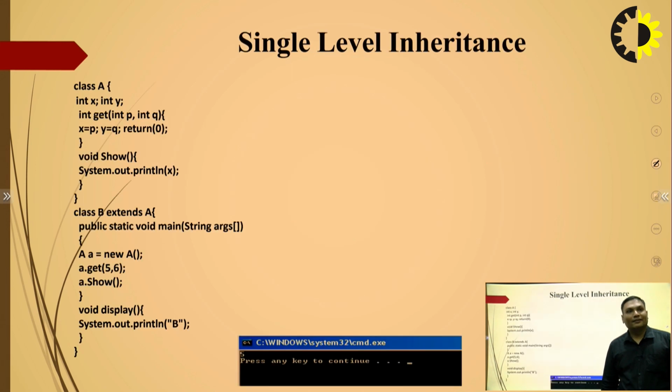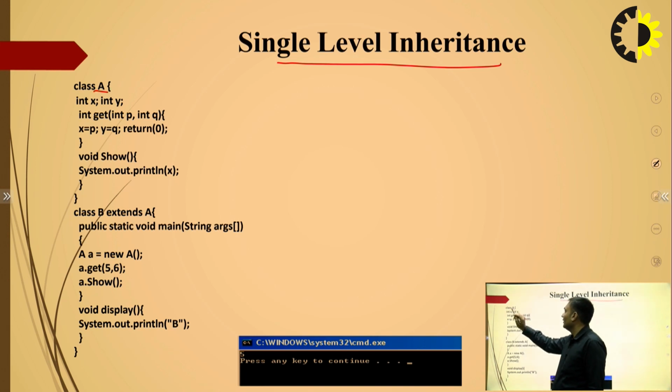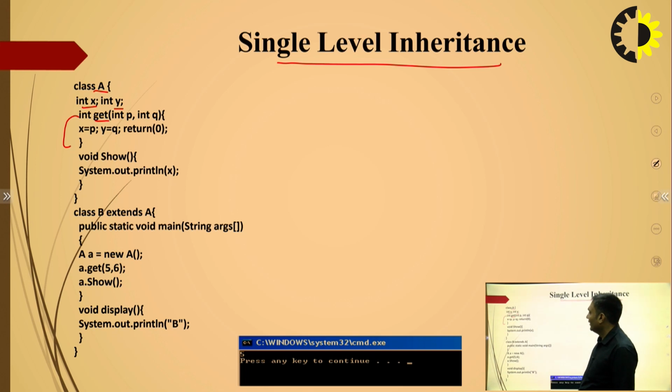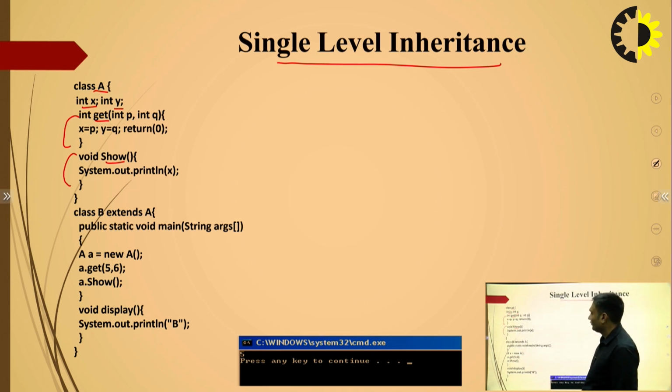So let's see an example. The first type of inheritance is single level inheritance. There is a class A, there are some attributes x and y, and there is a method get. By default it is public in nature. There is another method called show, and this one is also public in nature.